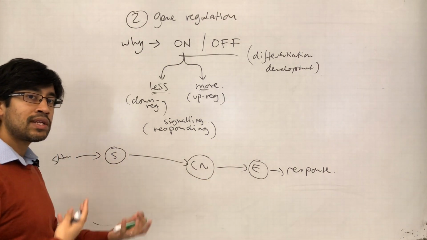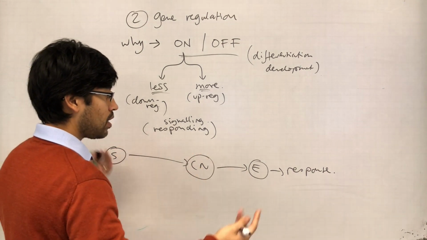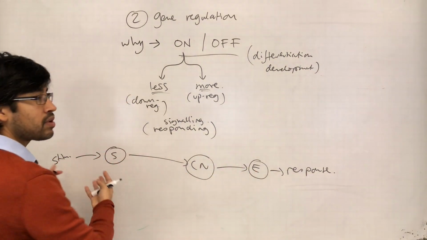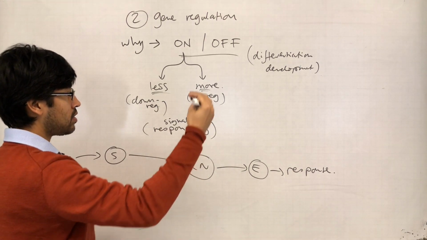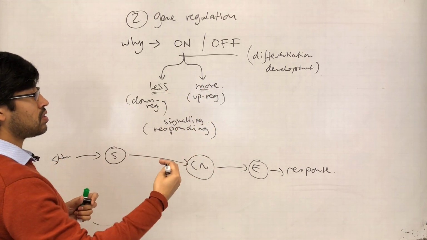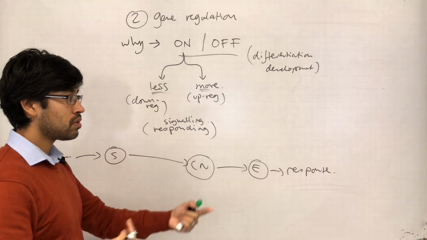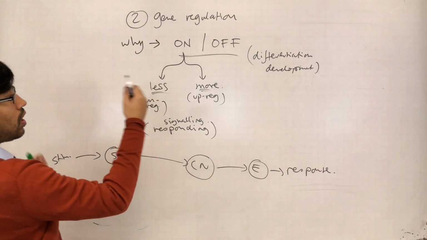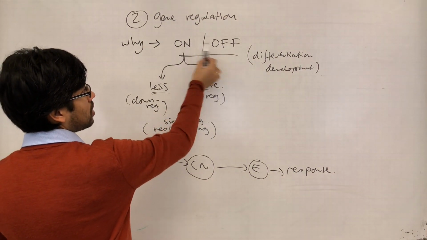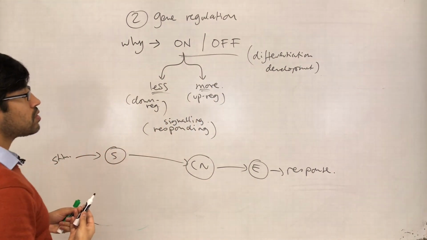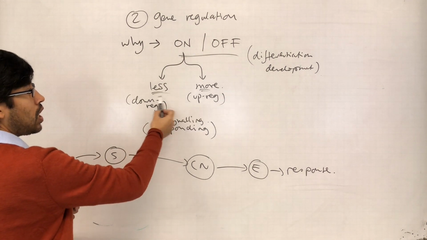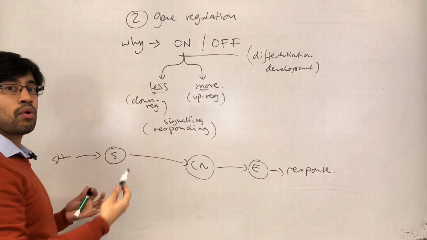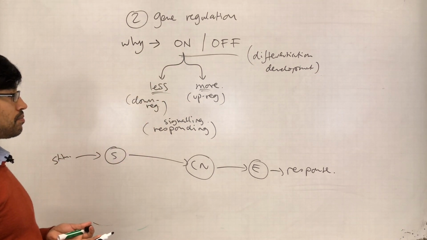Some homeostatic mechanism or external stimulus has happened, and cells can respond by altering the expression of certain genes that will make a response. So I hope you can see that not only do we need to be able to switch genes on and off, but we might also need to upregulate and downregulate genes that are already in an on situation.